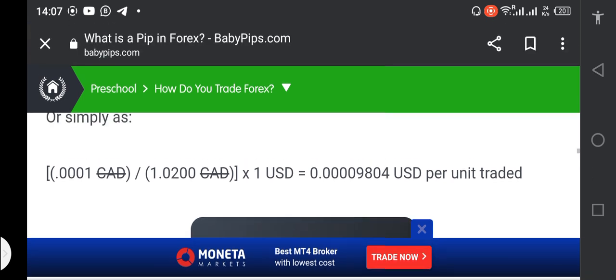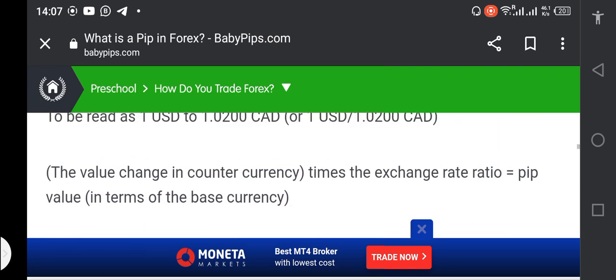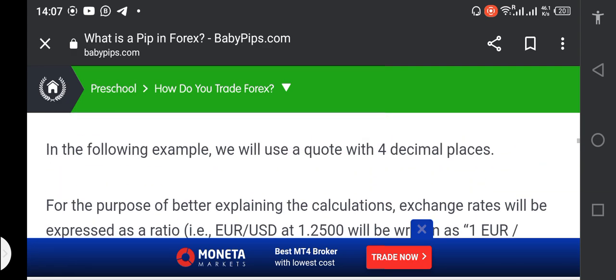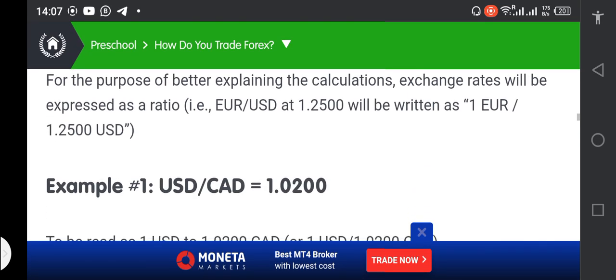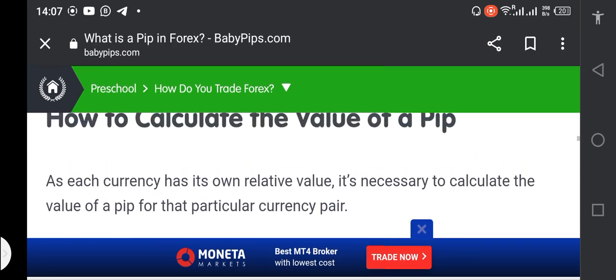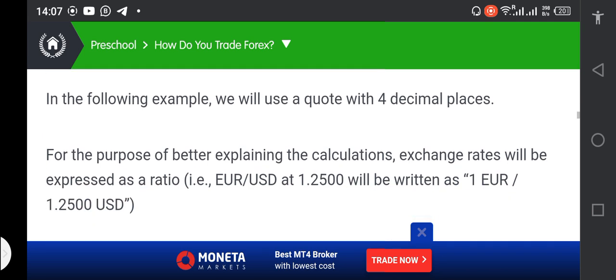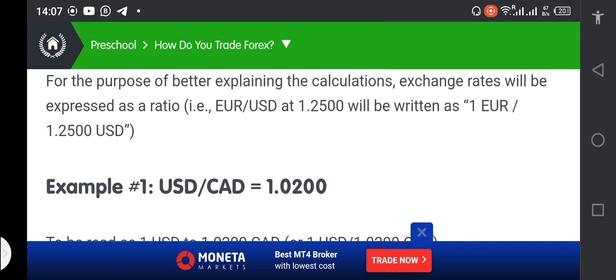So we are calculating the value of the pip, right? You get the US dollar value and get the rates for it in order to have a difference, and the difference is what we calculate on to get the pip.